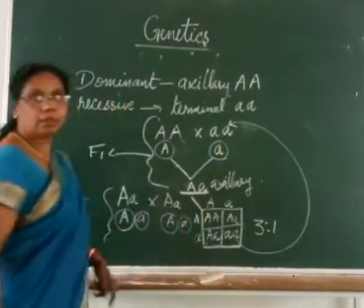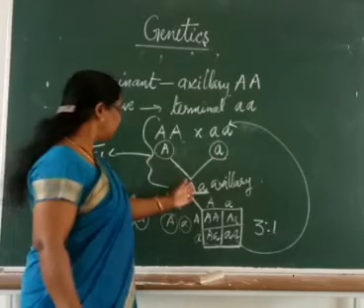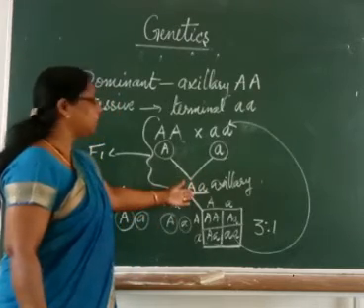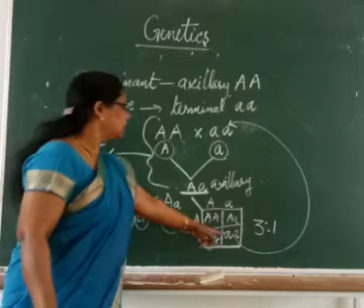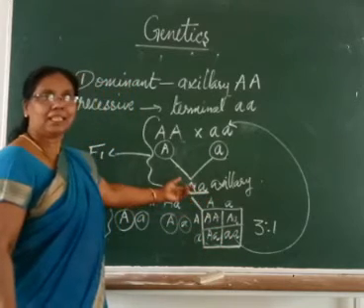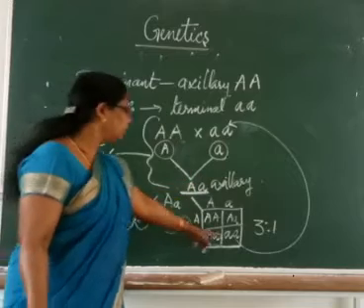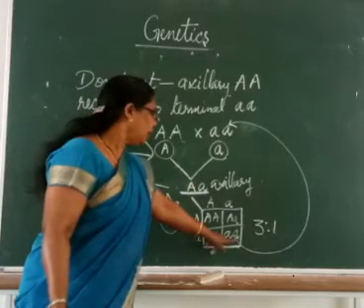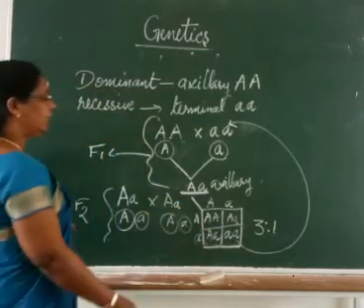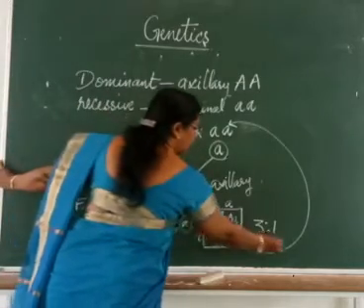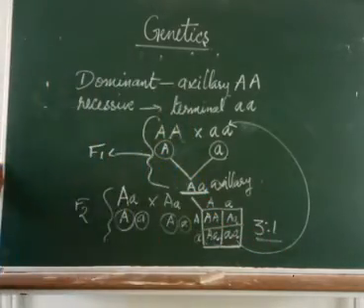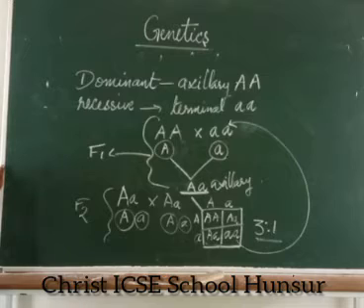Actually, both parental plants are not terminal, both are axillary flower carrying. But in the next generation, you can see that one plant is produced with terminal flowers. So this 3:1 ratio in the F2 generation is called the monohybrid ratio.